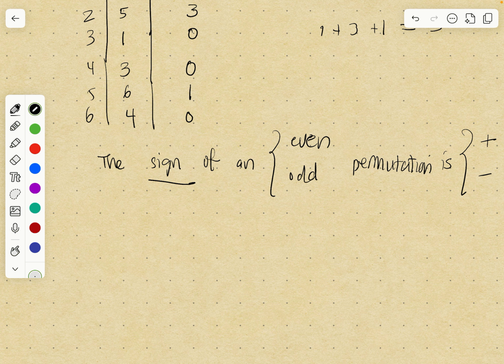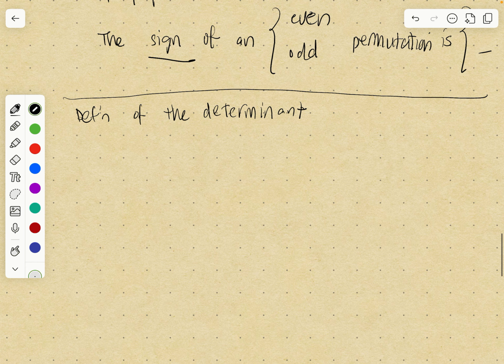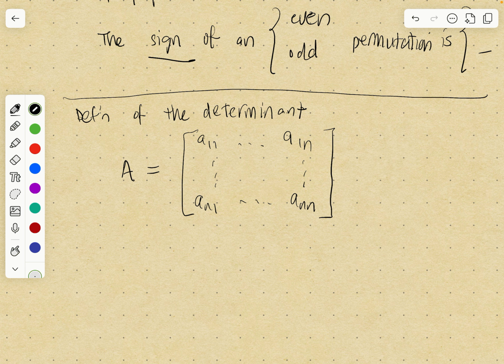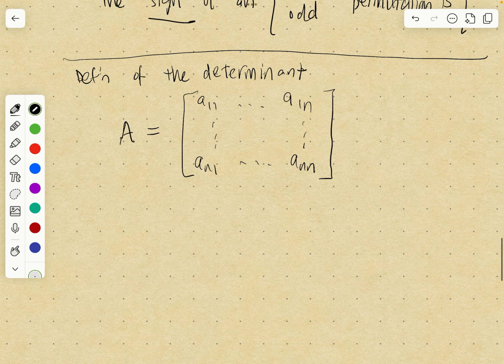Okay, now we're ready to define the determinant. So let's say that you have an n by n matrix. And as usual, we call the ij entry a sub ij. So what do you do to define the determinant?